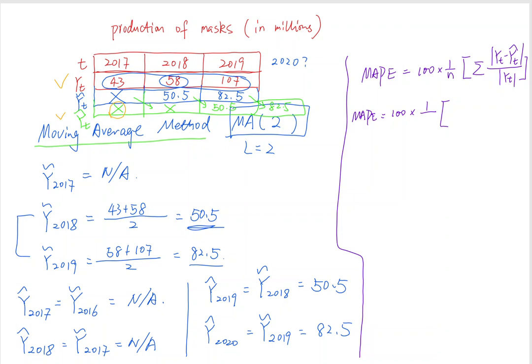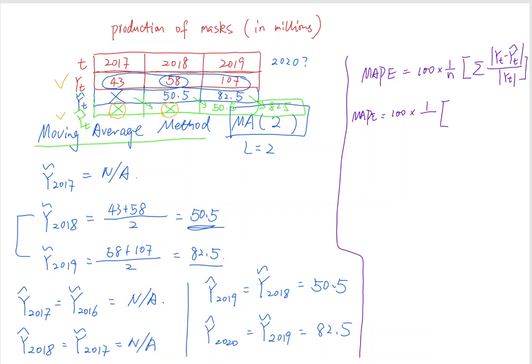Okay, do you have any pair for 2018, yt and yt hat? No, because you don't have this, right? So do you have the pair for yt and yt hat for 2019? Yes, right? So the yt is 107, yt hat is 50.5.